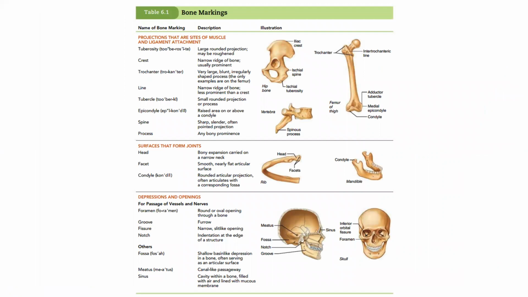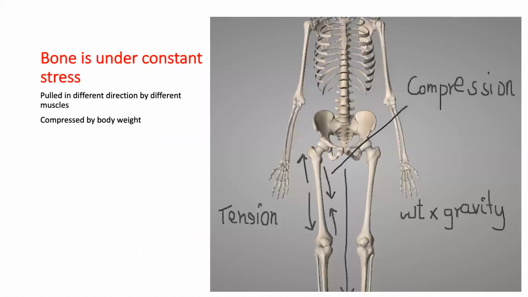So I want you to go through these pages in our textbook and try to appreciate different bone markings. A bone is always under constant stress. Let's say if somebody is standing, and this is the normal shape of our femur, which is like an angle shape.